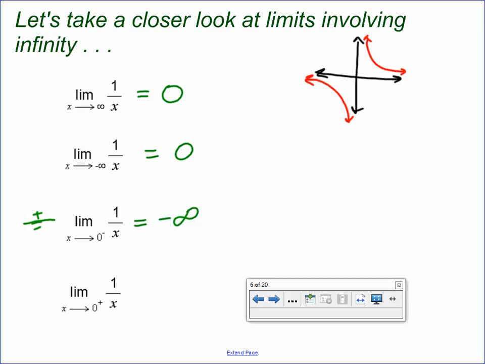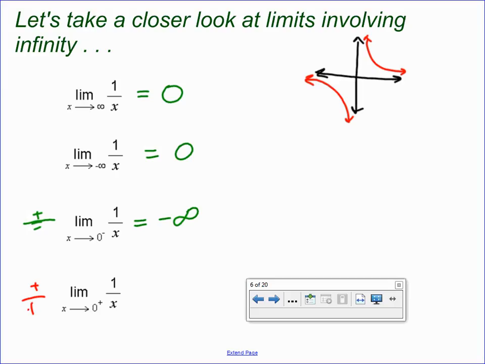Does that match our picture? Of course it does. Consider the values of my numerator as x approaches 0 from the right-hand side. My numerator was fixed at the constant 1. That's always positive. Over 0, this will be infinity, right? Constant over 0 is infinite. The question is which infinity? Analytically, I could consider that by determining the sign of numerator and denominator. The denominator is approaching 0, but from the right-hand side, that's slightly positive.